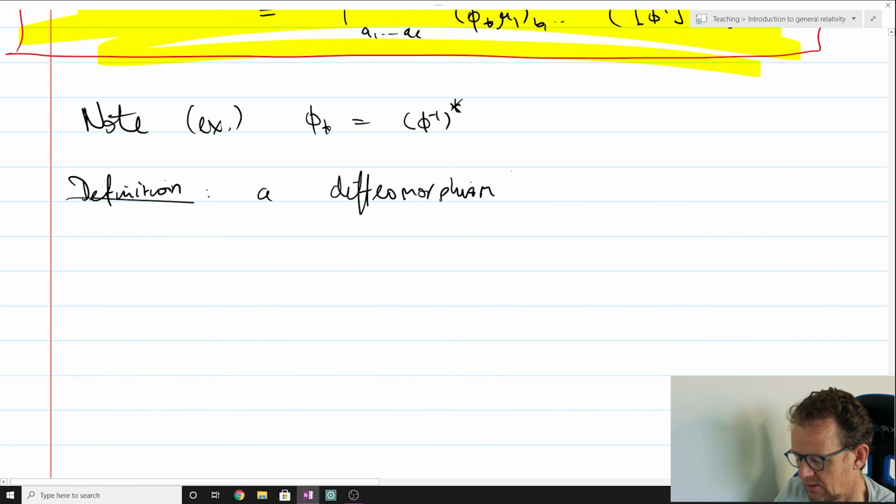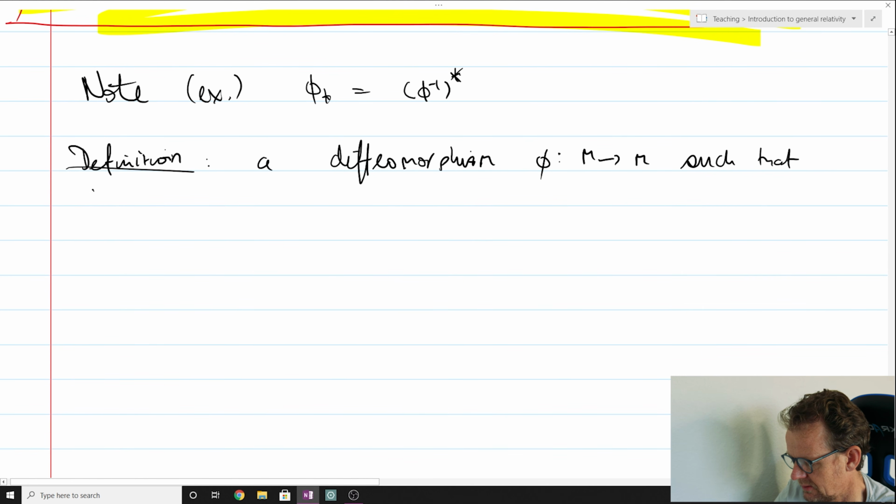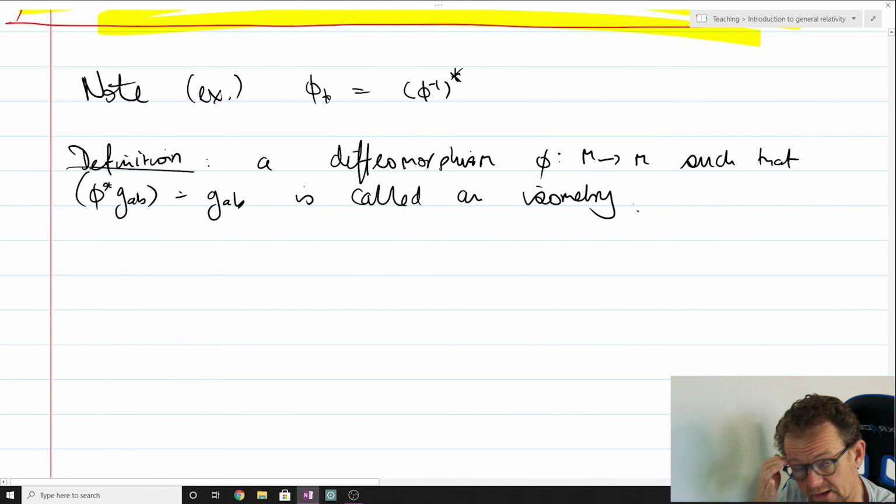So there are special diffeomorphisms phi, namely those that are such that the metric is invariant under applying the diffeomorphism. Now we can actually write down that expression.